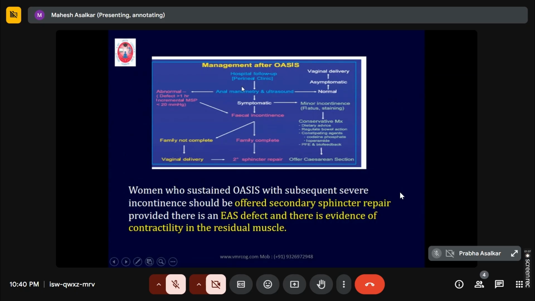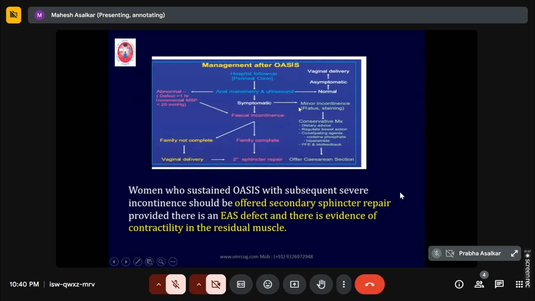However, if anal manometry and ultrasound is abnormal and the patient is symptomatic, okay, with fecal incontinence, in that particular case, if the family is complete, then you go for secondary sphincter repair.